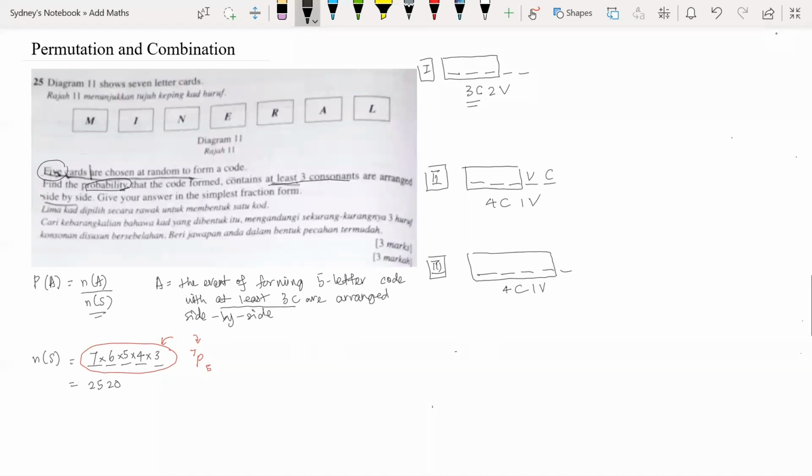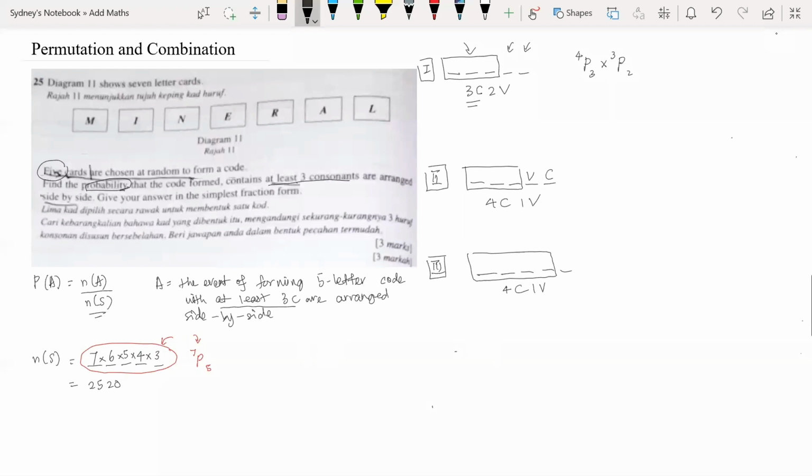To take 3 C, we just need to permute 3 consonants out of the 4 consonants, so 4P3, followed by the vowels. We just need to choose 2 vowels to arrange in this way, that is 3P2. That is when our 3 consonant group is located in the first space.